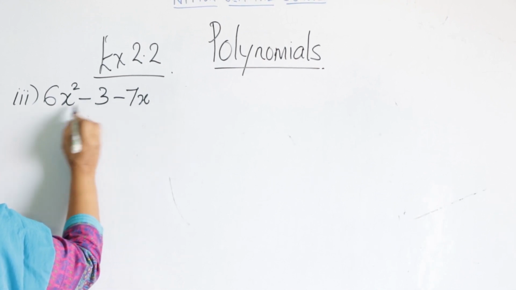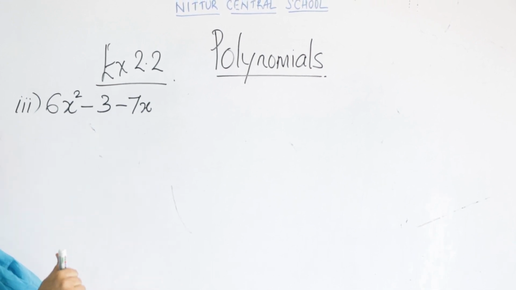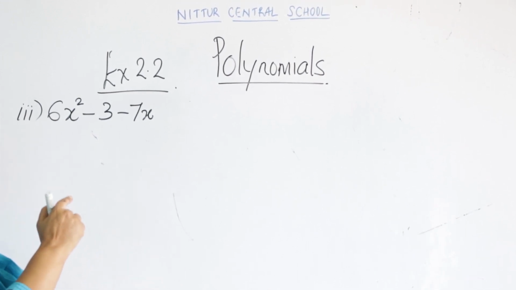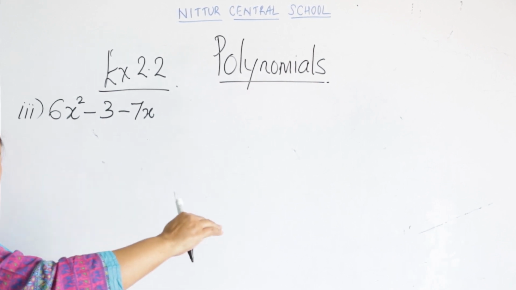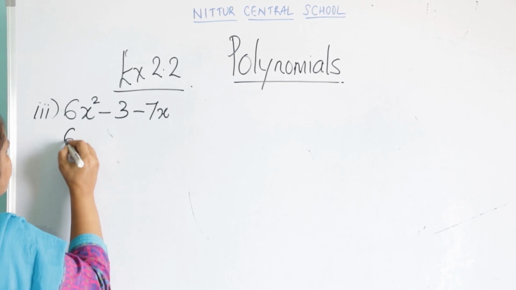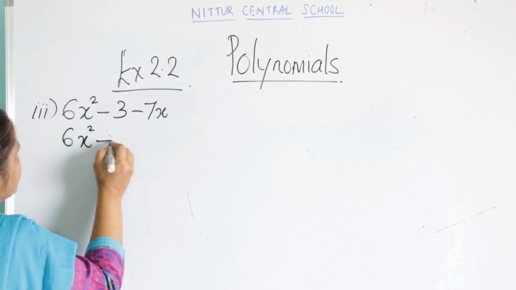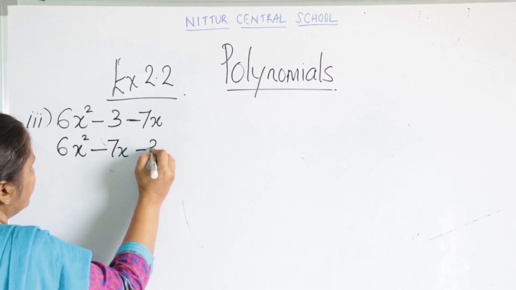Can you see? It is not in the standard form of a quadratic polynomial. So the first thing we have to do is check whether it is in standard form, that is in descending order of exponent of variable. So let's rearrange this. First 6x square, bring this minus 7x, minus 3.